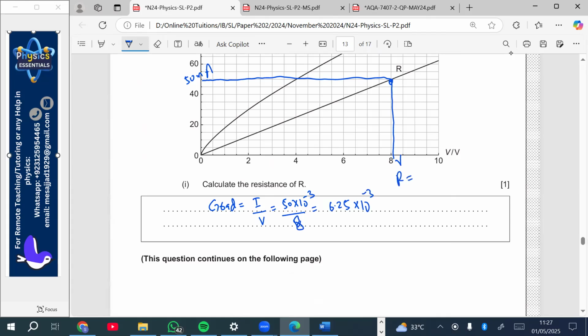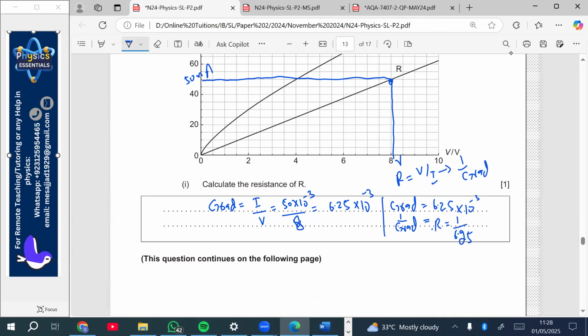We know that R equals V over I, but the gradient is I over V. So if we inverse it, it will give us the resistance, because V over I means 1 over gradient. So 1 over gradient equals resistance equals 1 over 6.25 into 10 raised to the power minus 3, and from here your answer is 160 ohms.